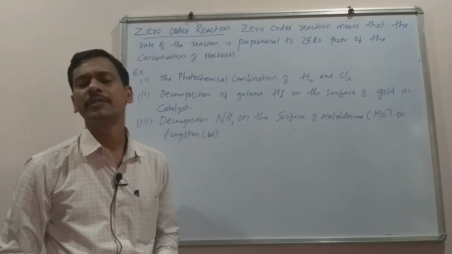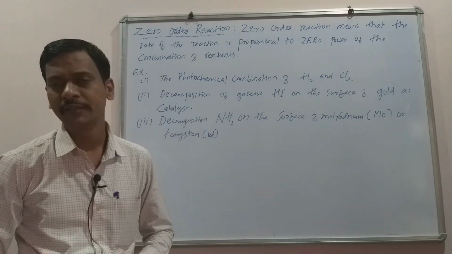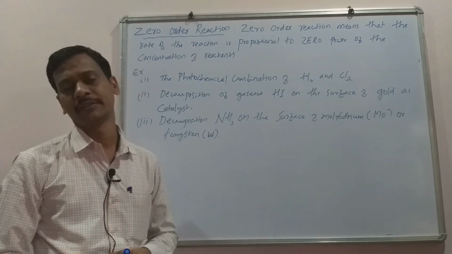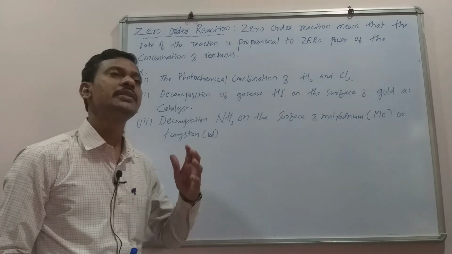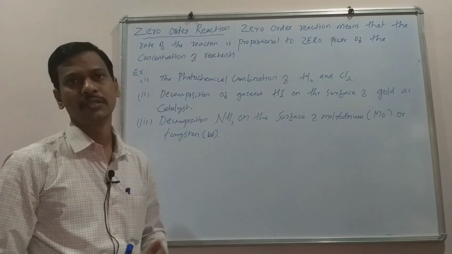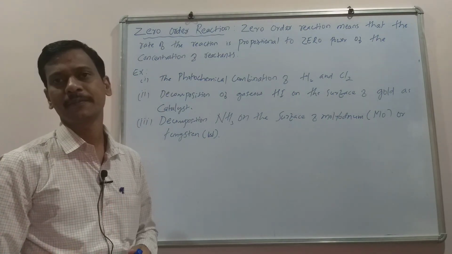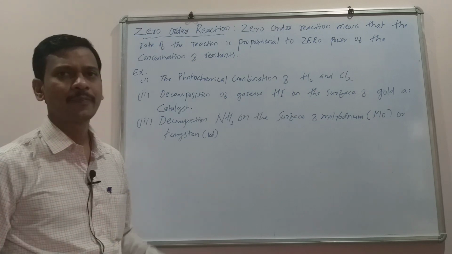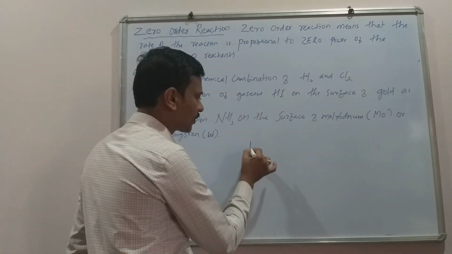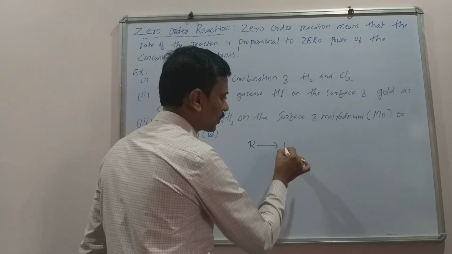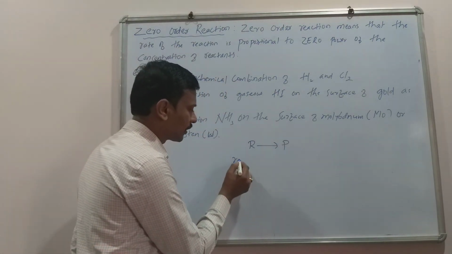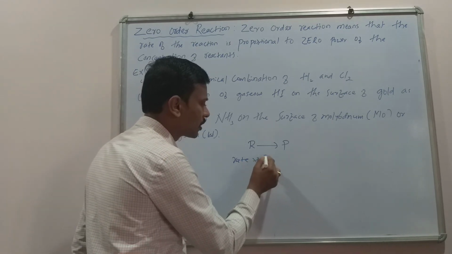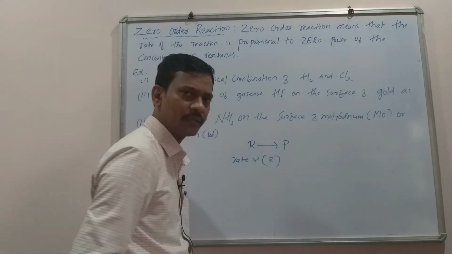You should know that zero order reaction means that the rate of the reaction is directly proportional to zero power of the reactants. For example, consider the general reaction R gives the product P. If you want to write the rate of the reaction, rate is proportional to concentration of the reactant.